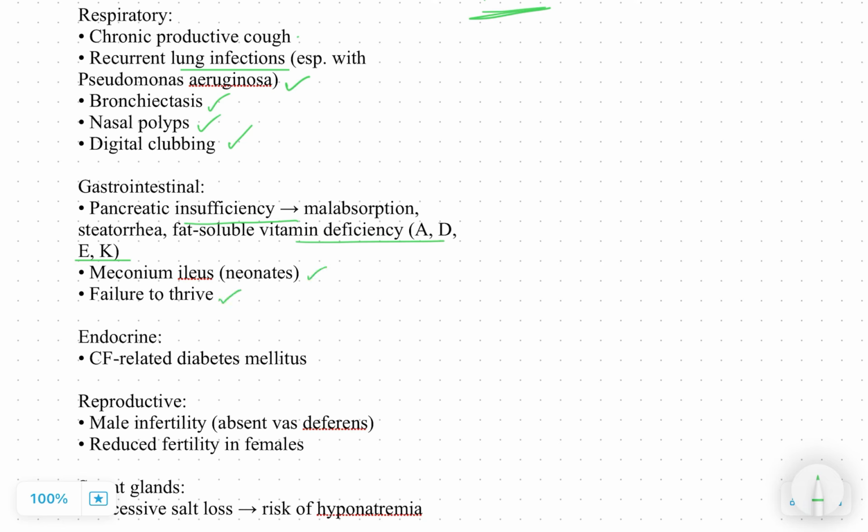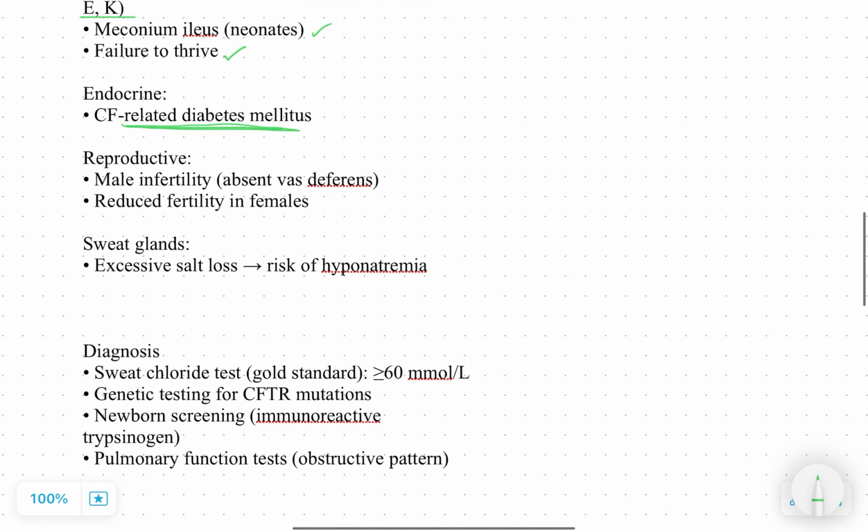There are also endocrine disorders like cystic fibrosis related diabetes mellitus, and fertility problems in males and females. There is increased chloride loss, and because sodium and water are also lost in sweat, there is a risk of hyponatremia.